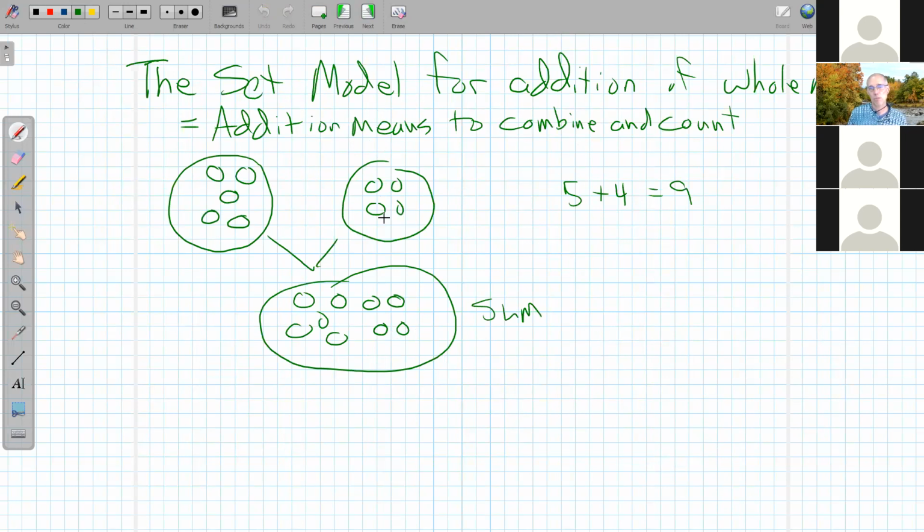Take 5 things plus 4 things, you get 9 things. Why is 5 plus 4 9? Well, count. When I come over here and count, I get 1, 2, 3, 4, 5, 6, 7, 8, 9 things. Oh yeah, 5 plus 4 is 9. Why? Because we counted 9. Simple as that.